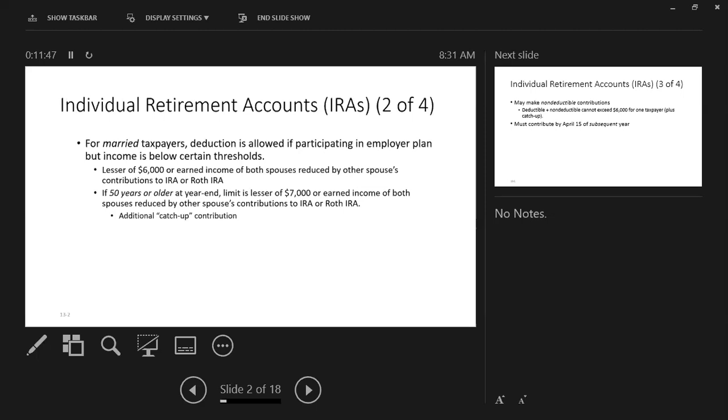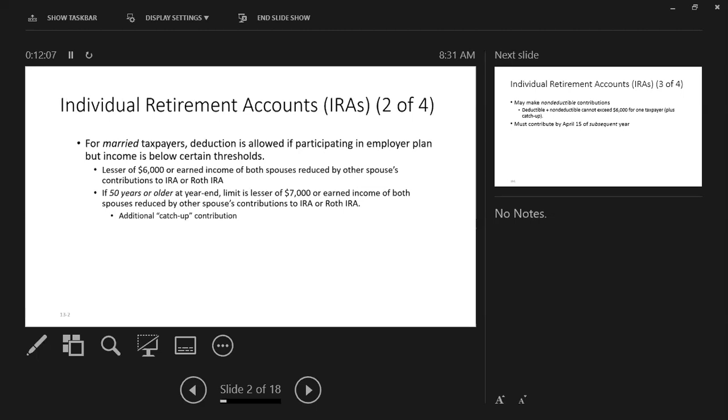What is Steve's? Excuse me. Because the MAGI of the spouse who's the active participant is less than $104,000, all of Tina's contribution is deductible.